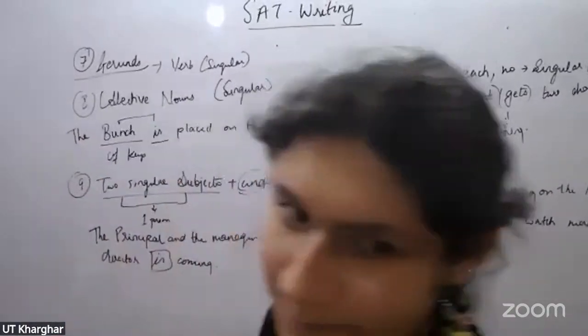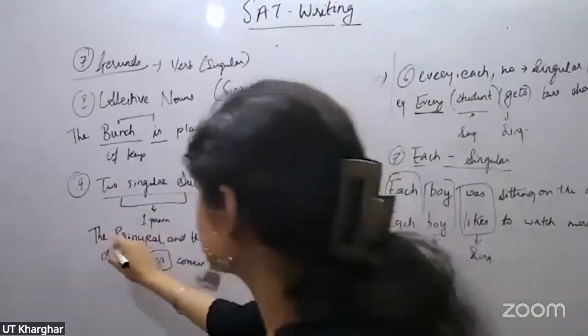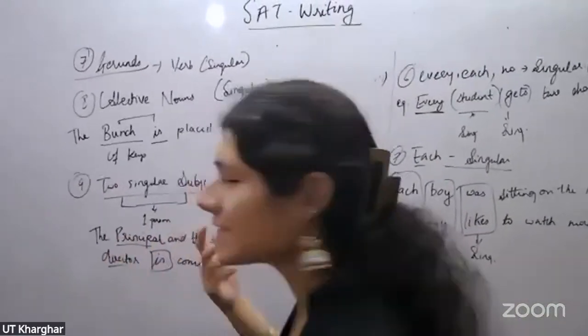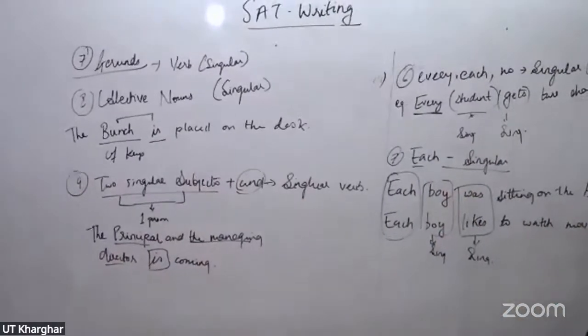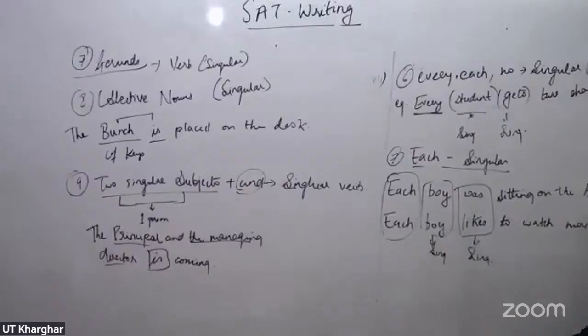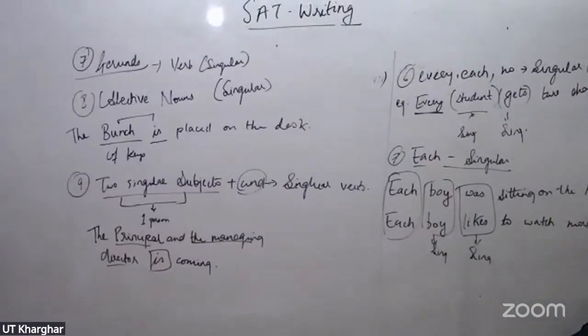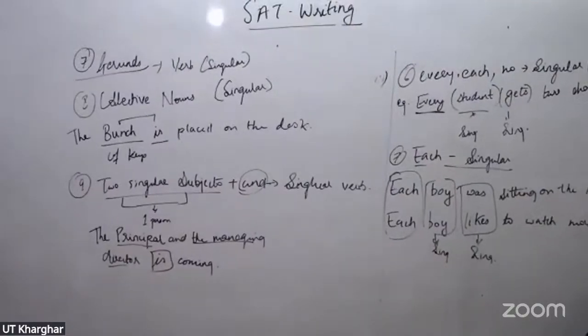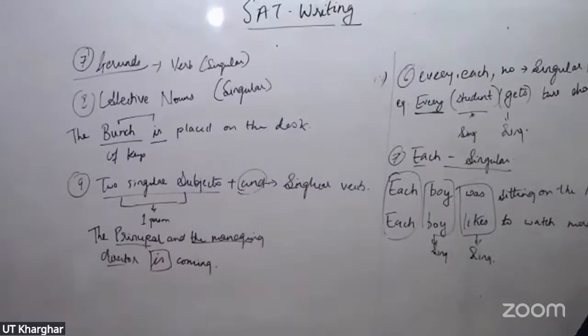This is the trick. Why? Because the principal and the managing director are the same, one person. If I say the principal and the managing director are coming, then they are both different people.